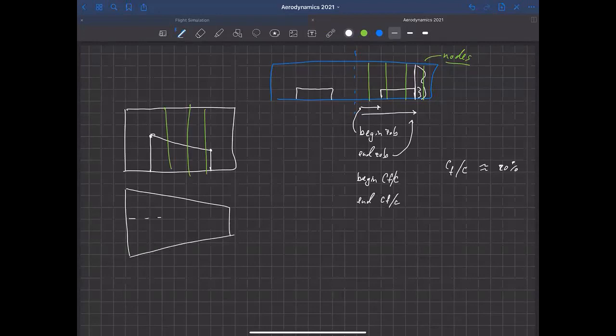Remember, the chord is straight, so I've tried to draw that kind of straight here. And we're given some beginning CF over C and some ending CF over C. Because our geometry is changing linearly, we could use linear interpolation between those to get the CF over C at any inboard location, right? And of course, outboard of that, we just set the CF over C to 0. So our chi vector is 0 outboard of the aileron, right?